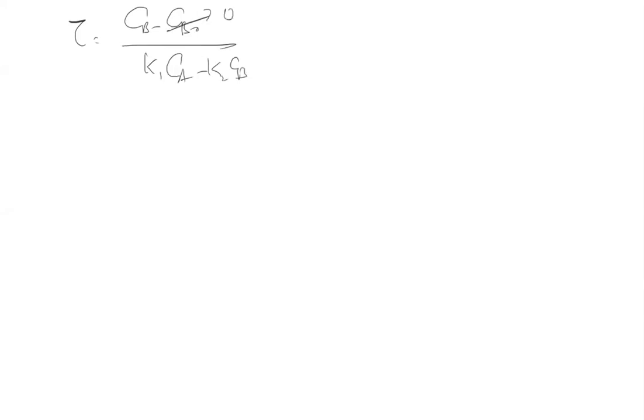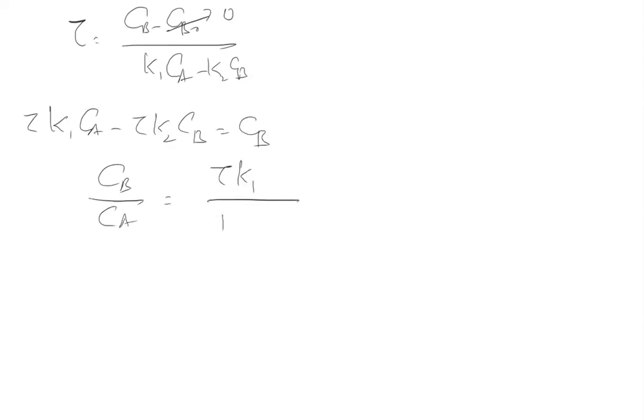So if I rewrite the terms, tau into K1 into CA minus tau into K2 into CB is equal to CB. So if you simply write CB by CA, what you get is tau K1 by 1 plus K2 into tau. This is what you get.